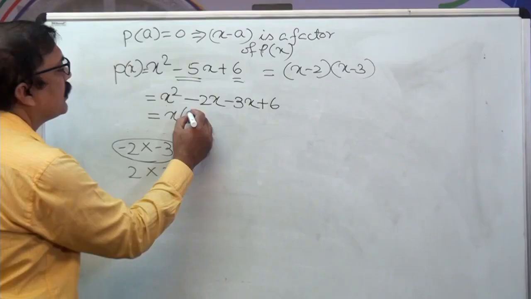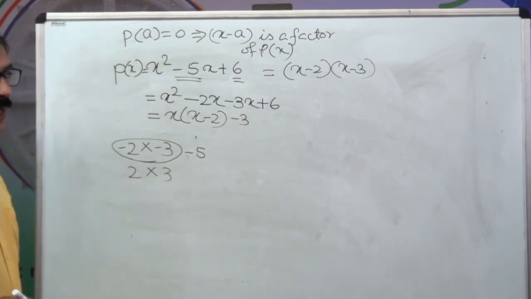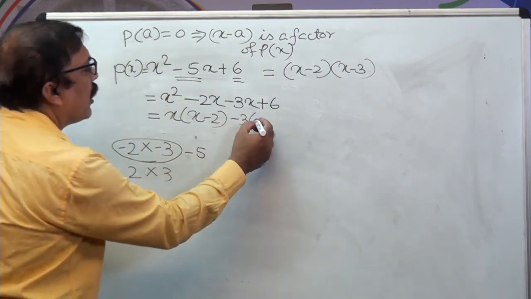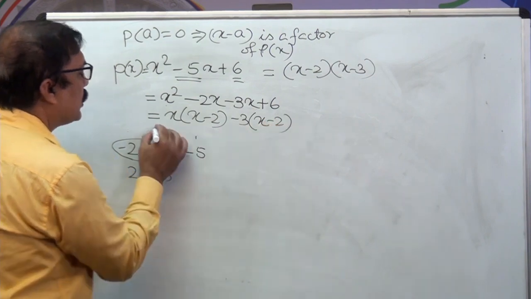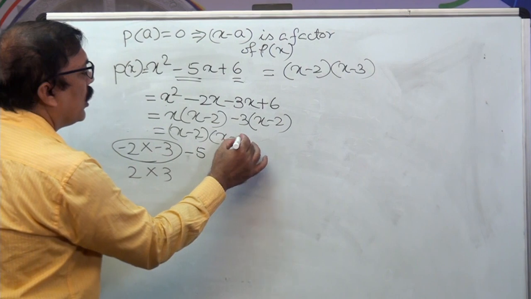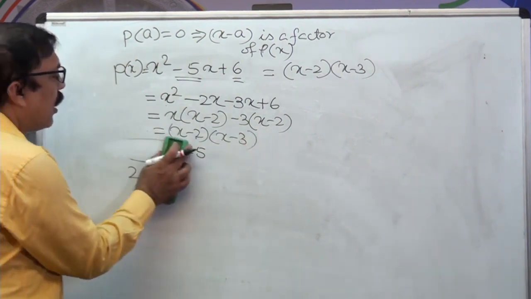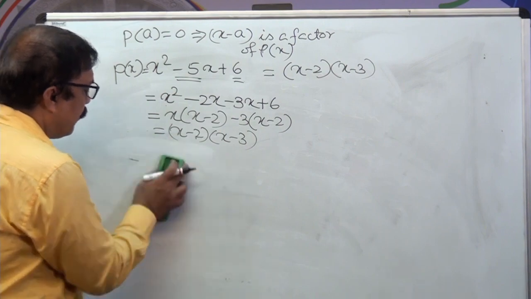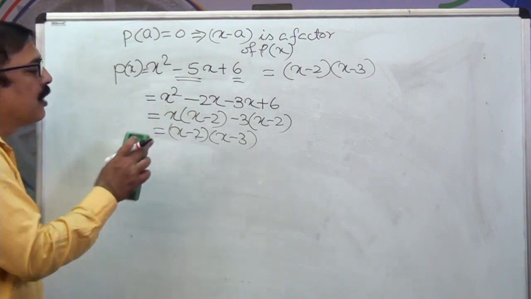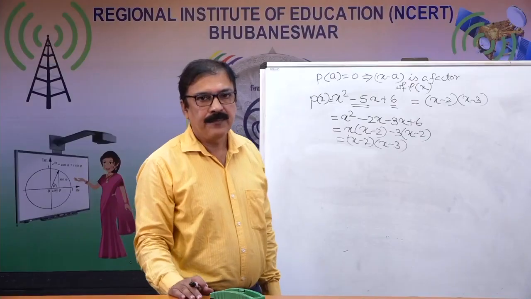So x into x minus 2 minus 3 into x minus 2. This gives x minus 2 into x minus 3. As earlier, we have proved this by factor theorem. So in both the cases, the result is the same.